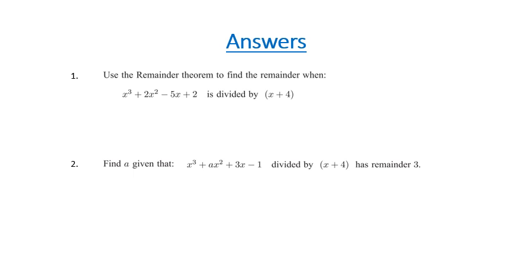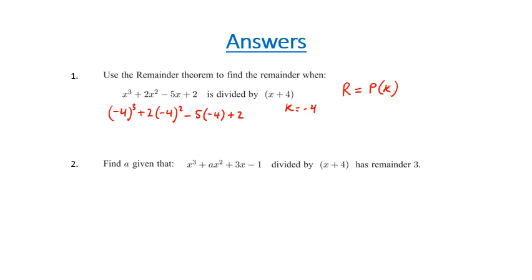The first question is asking us for our remainder. So remember that our remainder is equal to our p of k. In this particular case, k is going to equal minus 4. So I'm going to substitute minus 4 into this polynomial and work out what my remainder would be.